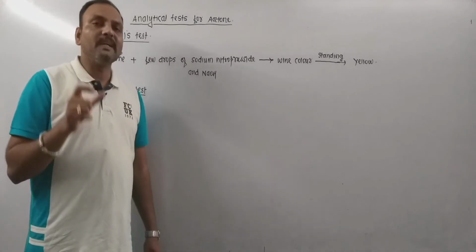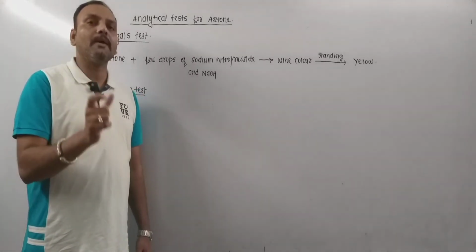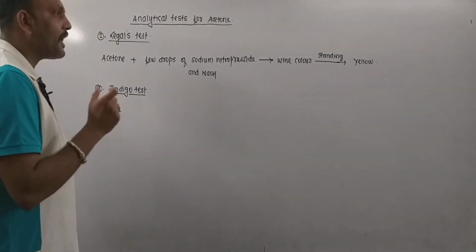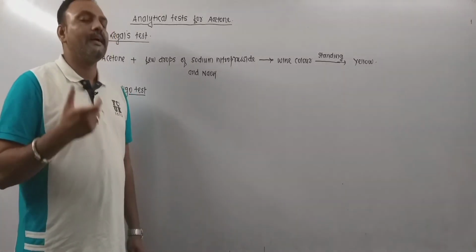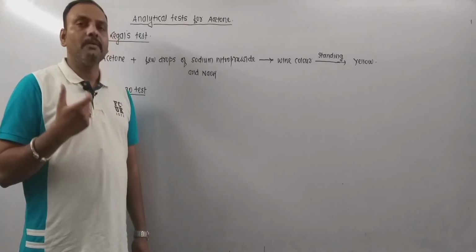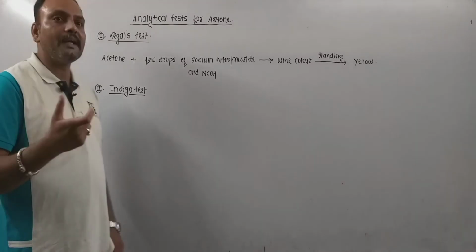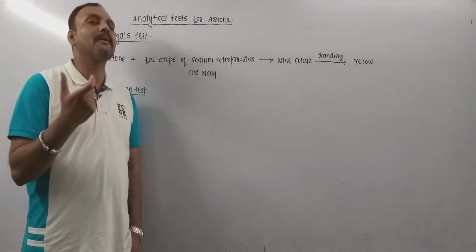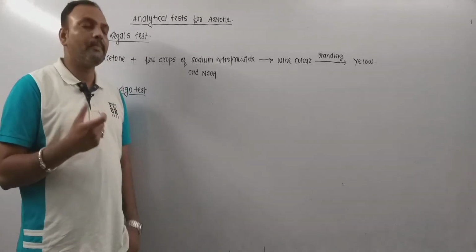Now that mixture is to be diluted using KOH, potassium hydroxide. On diluting the mixture, we get the blue color of indigotine. Formation of blue colored indigotine indicates that the sample is of acetone.